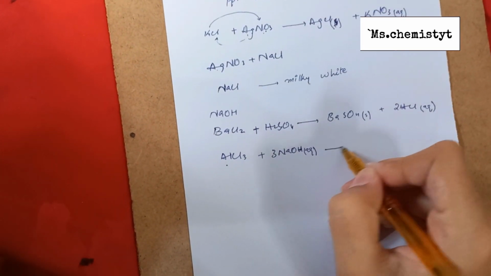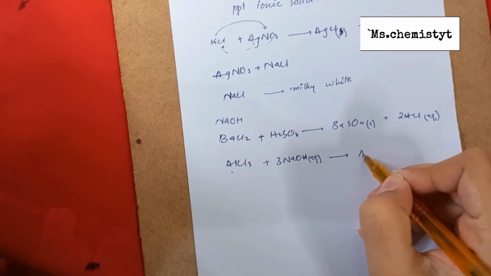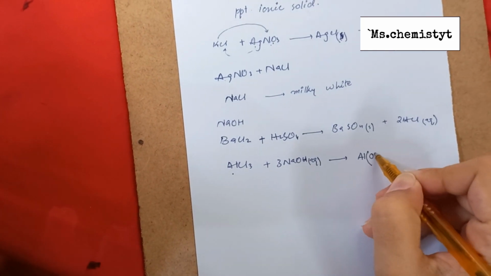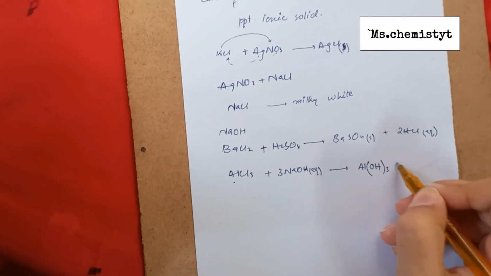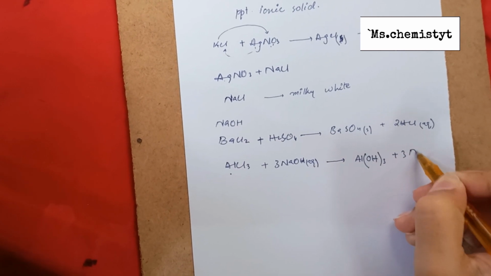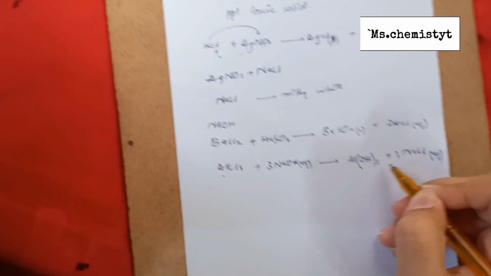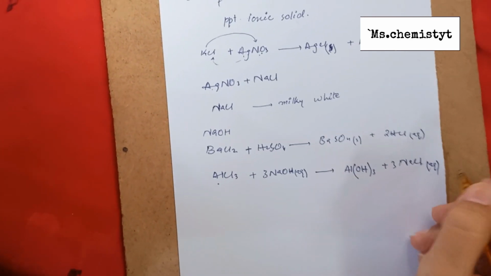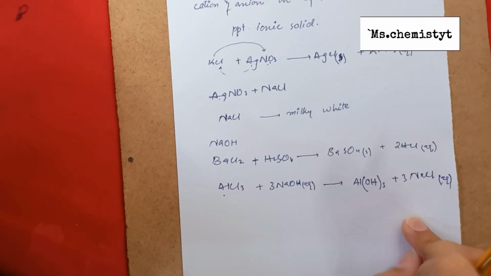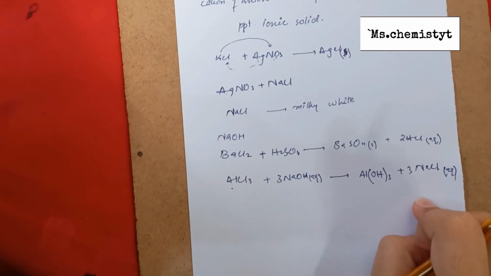It will show the precipitate of aluminum hydroxide, plus 3 molecules of NaCl will remain in the solution, and they will not show the precipitate in this reaction.